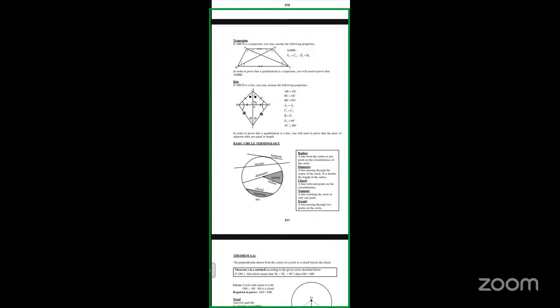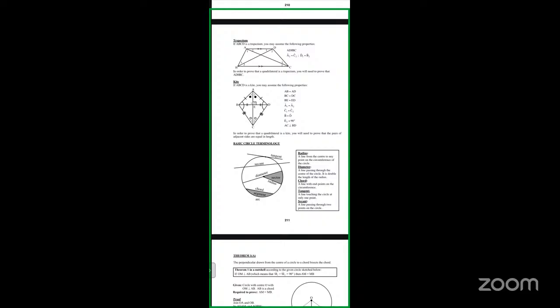Then we also have the chord. The chord is the line that moves from any point on the circumference to the other point on the circumference, and that line doesn't pass through the center. That's where you can differentiate a diameter and a chord. Then we also have the segment right here.